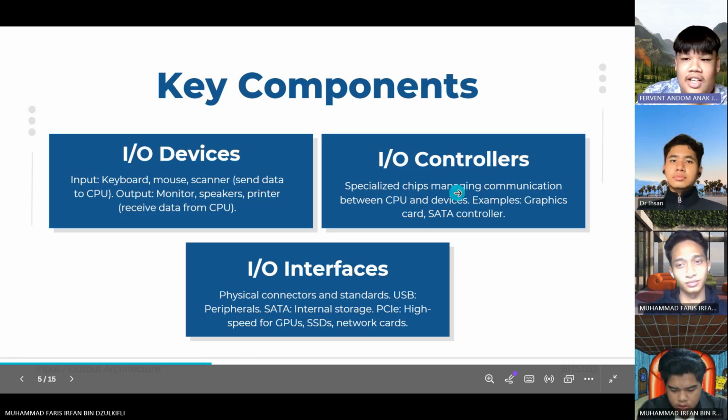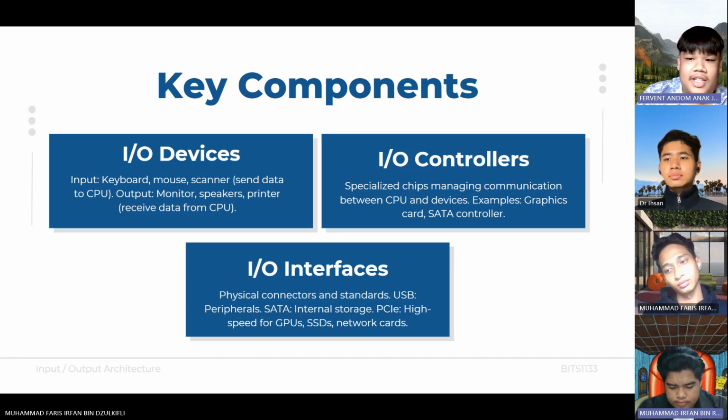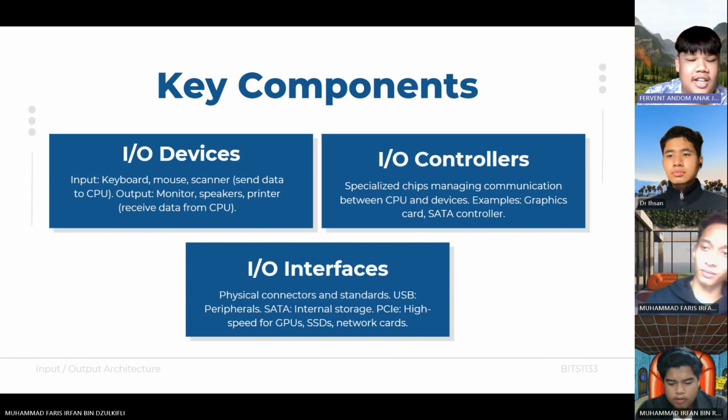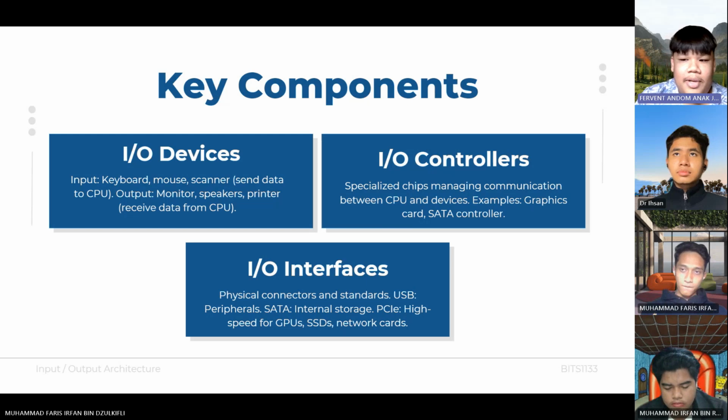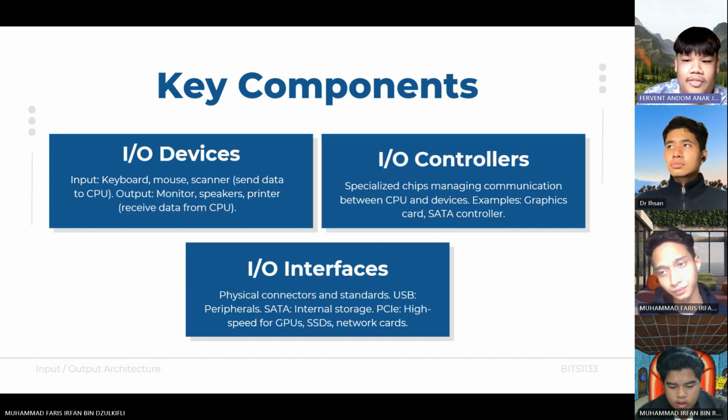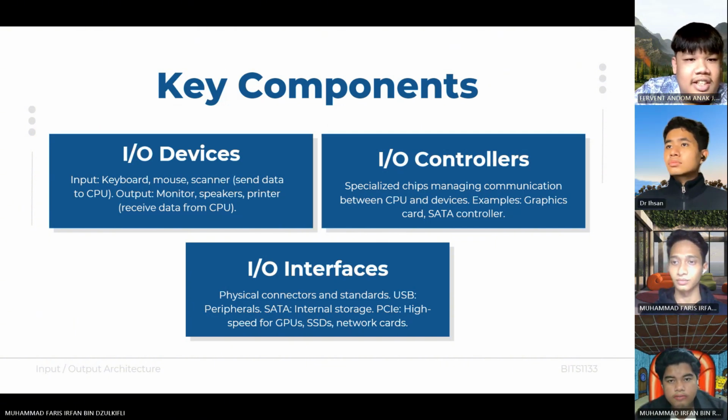Input-output controllers are special chips that control communication between the CPU and external devices, for example a graphic card, GPU for the monitor, and a SATA controller for the hard disk. The last one is the input-output interface: connection standards such as USB, SATA, and PCIe that allow devices to be connected to a computer.